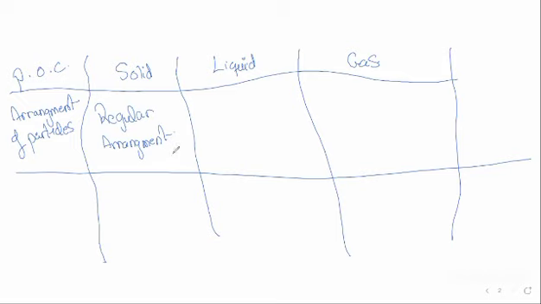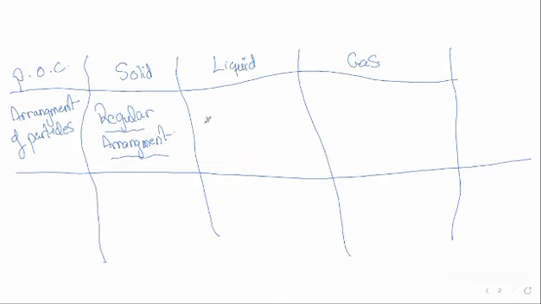So let's complete. I'm back again. So solids will be having a regular arrangement. Particles are regularly arranged. Okay. And for liquids, they can change their shapes, but they cannot change the volume.